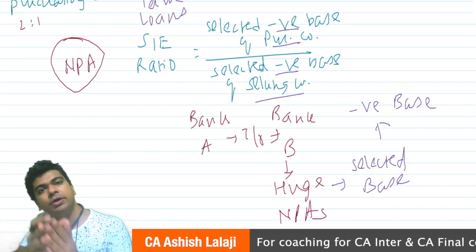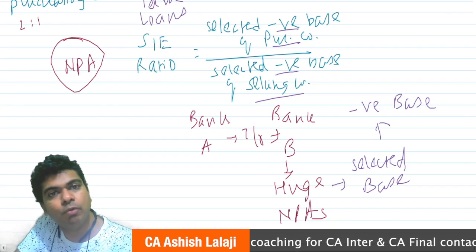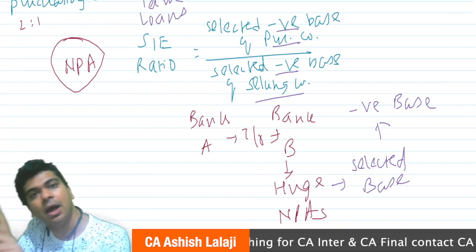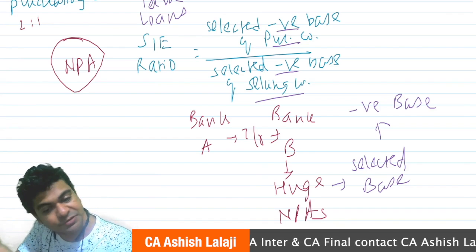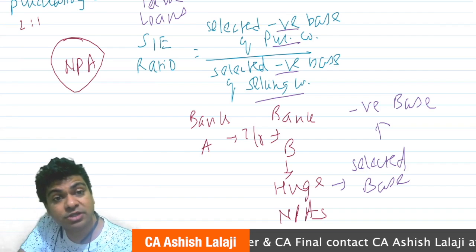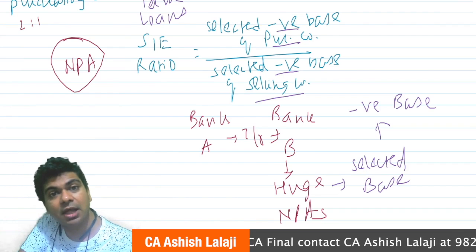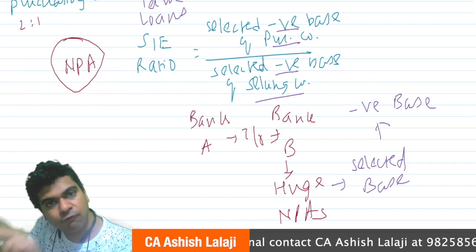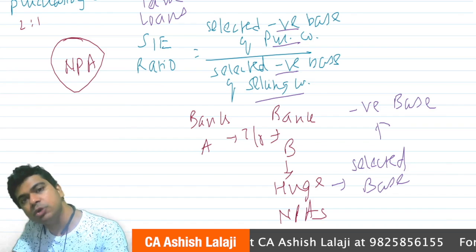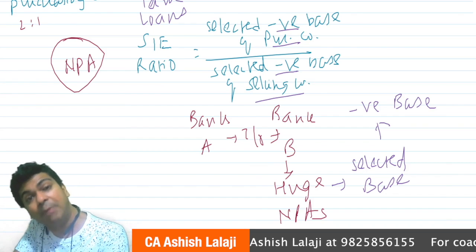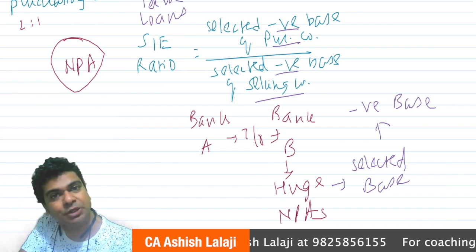If I am taking over your bank and your bank has too many non-performing assets, I will pay you less. Why should I pay you more, because you have a huge amount of NPAs? I shall be penalizing you for the higher amount of debt that you have. I will penalize you as a selling company for the higher amount of non-performing assets that you have.